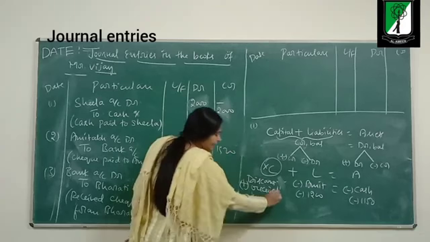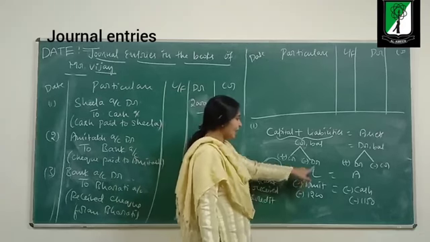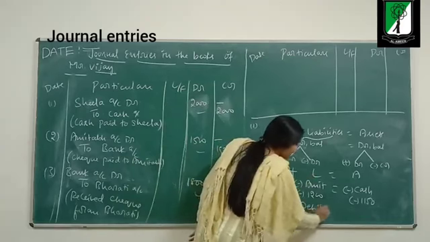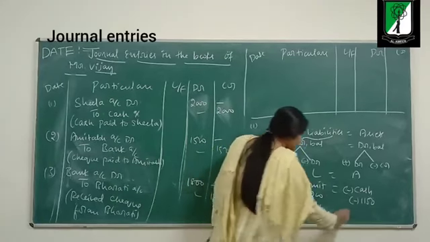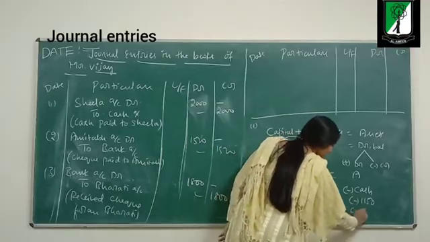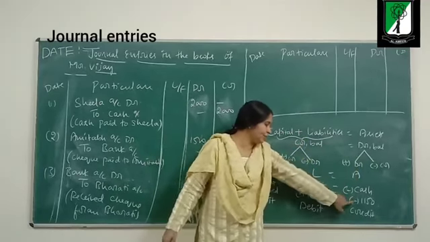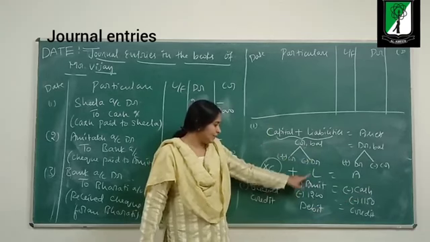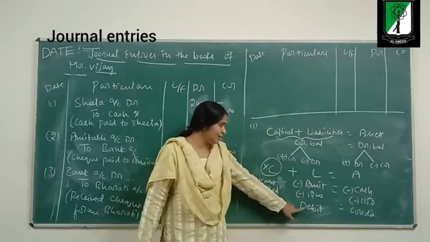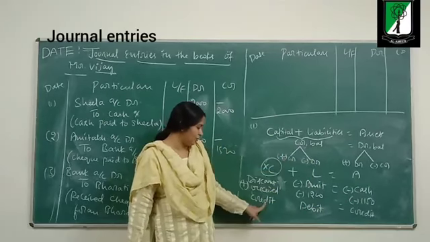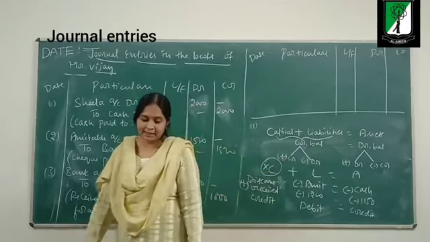So, I will credit. Decrease in liability should be debited. And decrease in asset should be credited. I am applying this rule. Decrease in asset should be credited. Decline in liability should be debited. And increase in capital should be credited.